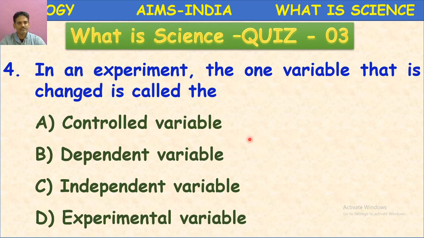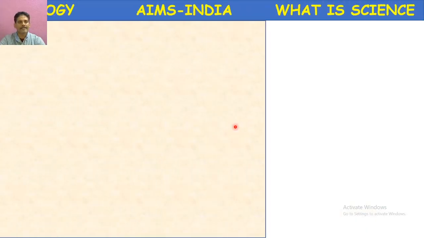Those who are in live chat, please answer the question. Question number 4. Independent variable. Because here, the one variable that is changed, so that is different from the remaining. So, independent variable. Next.